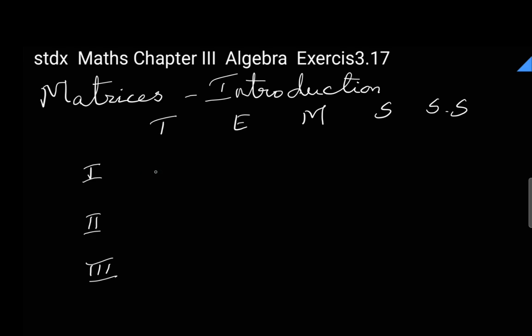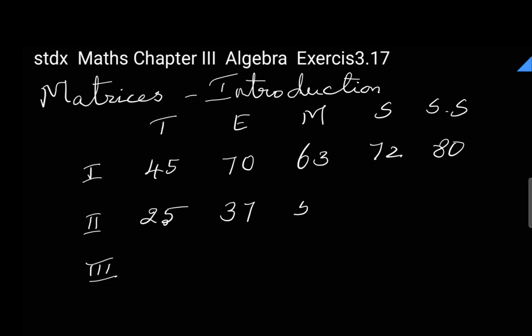Here the first student in Tamil has got 45, in English 70, in Maths 63, Science 72, then in Social Science 80. Then the second student in Tamil has got 25, then in English 37, Maths 50, Science 40, then Social Science 45.